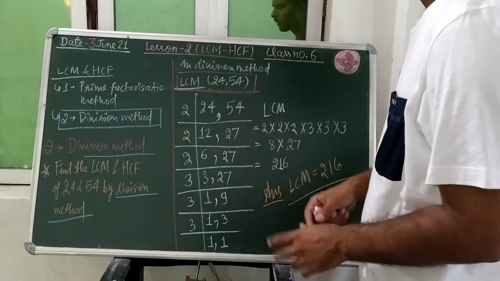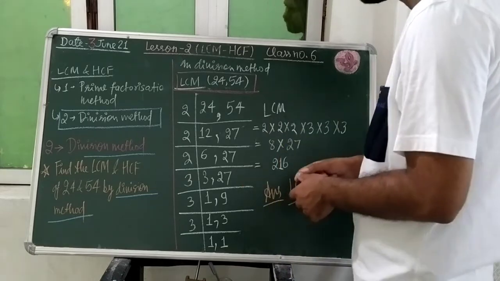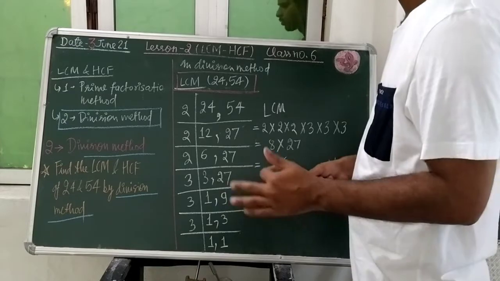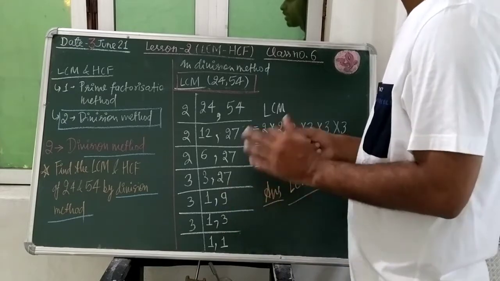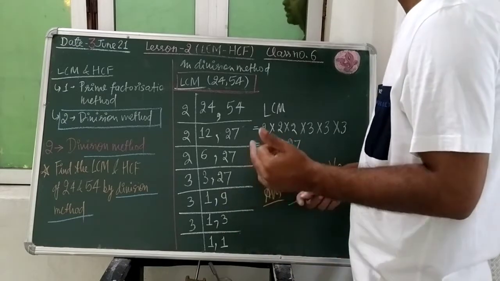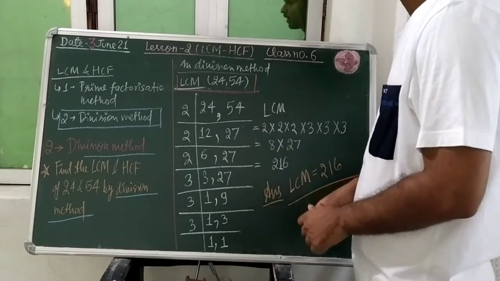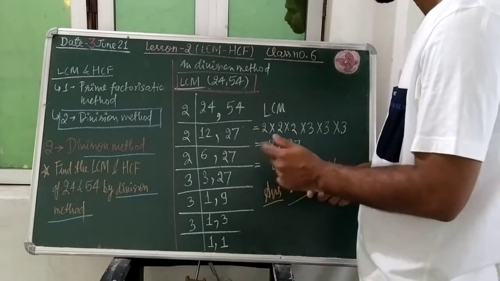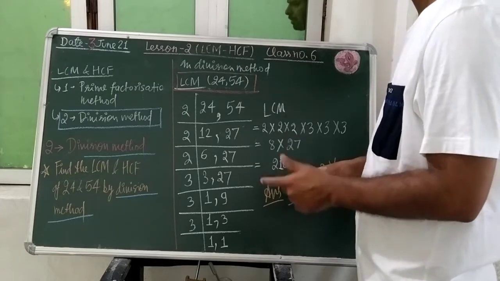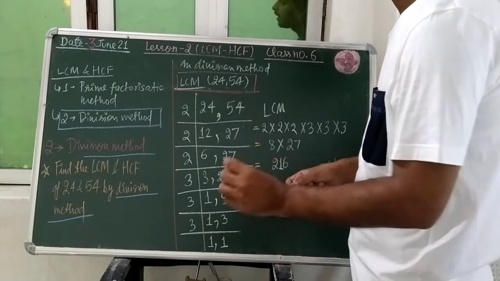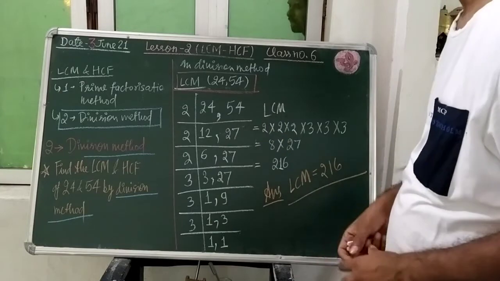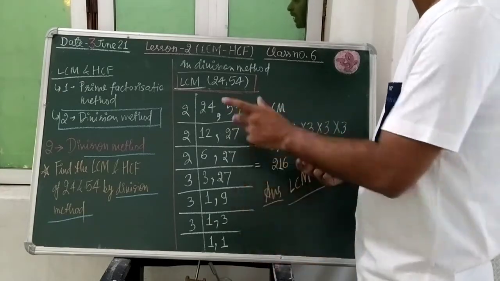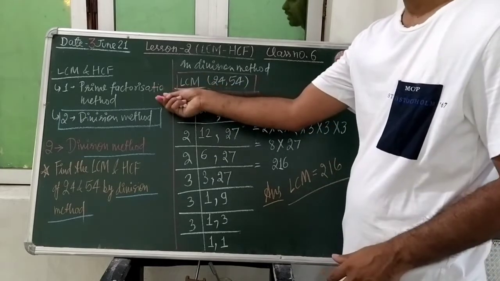Prime numbers have only 2 factors, 1 and the number itself. So for prime numbers we will select the same number, and for composite numbers we will ignore 1 when finding the prime factorization.